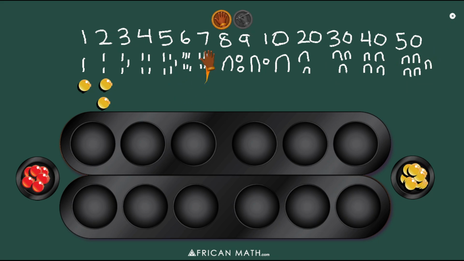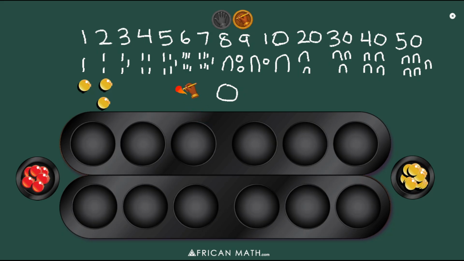This symbol that you see here in 10 take away 2 and 10 take away 1 makes it obvious that this symbol is our takeaway symbol. This is a very important symbol because it represents subtraction.